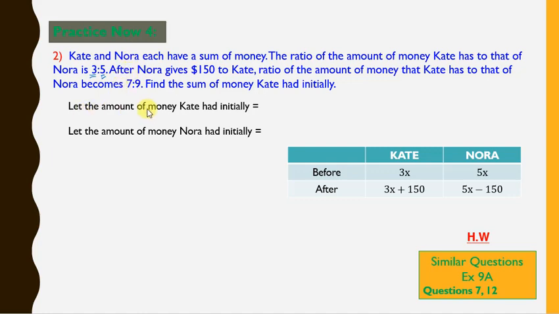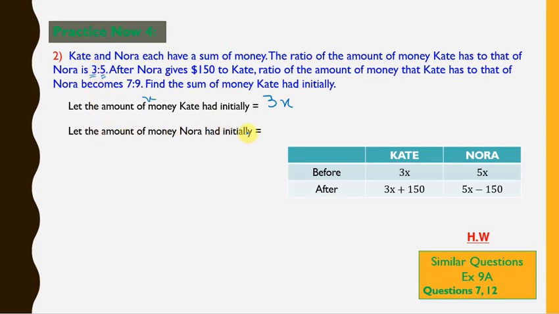Now, let's suppose that the amount of money Kate had initially is 3x. X is the amount of money. We don't know yet how much, and 3 is the unit for Kate.